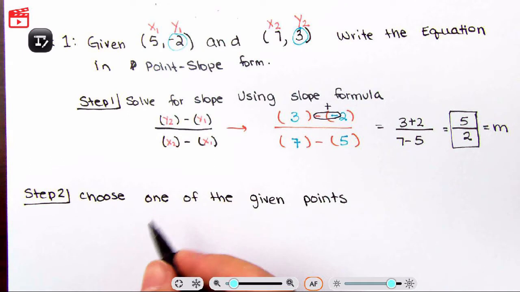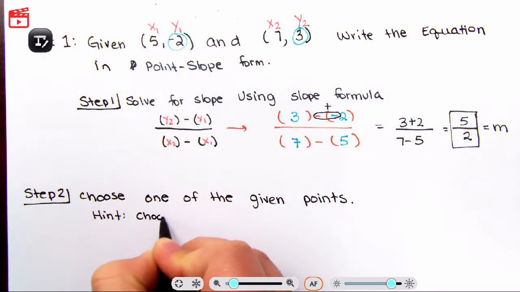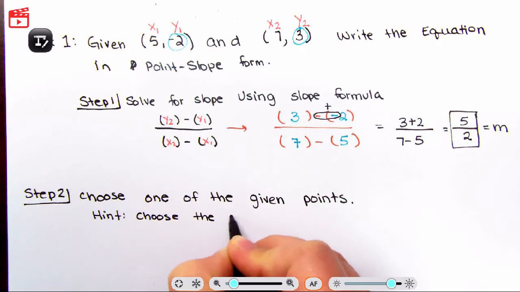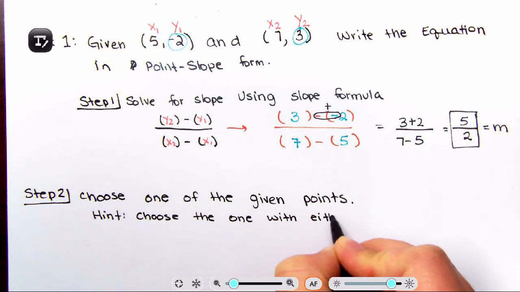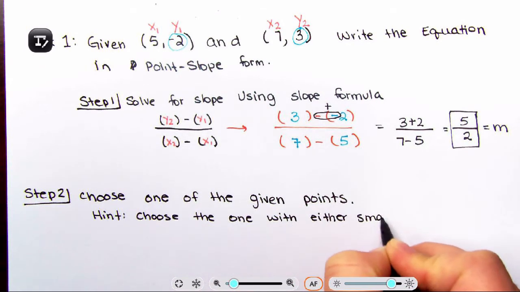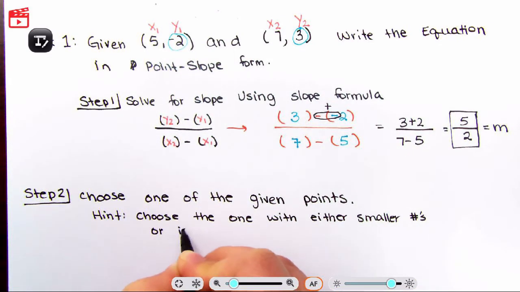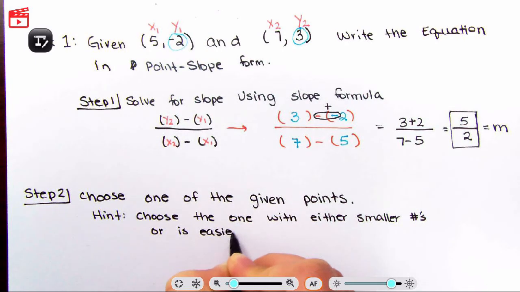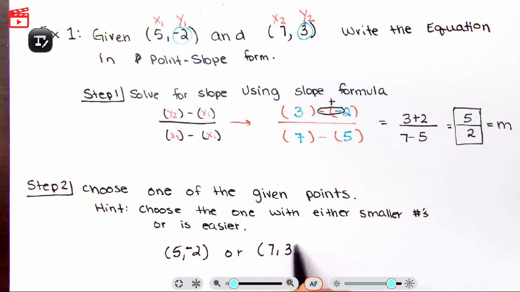My recommendation is, here's my hint, choose the one with either smaller numbers or is easier. Doesn't matter which point you choose. I'm going to choose, let's see, we have 5 and -2, or we have 7 and 3. I'm going to choose this one right here.